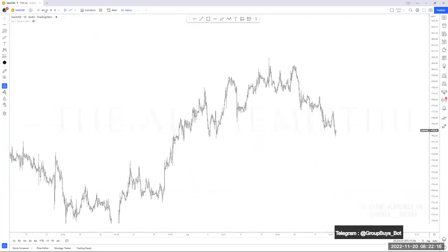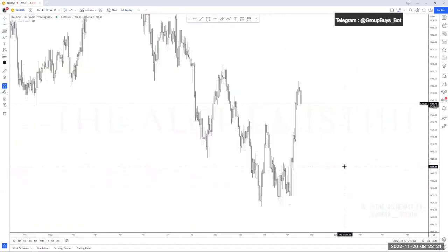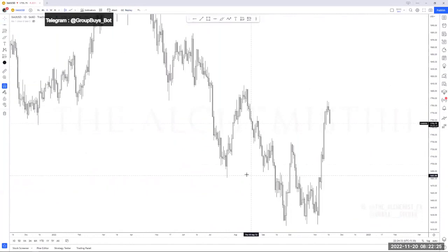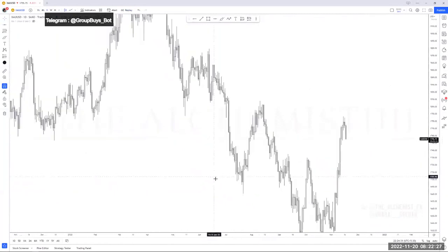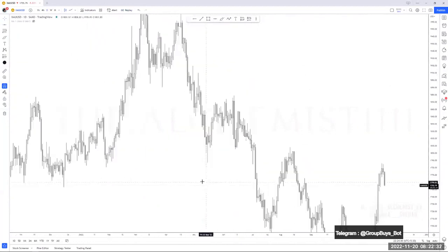Okay, so let's see some more. Let's try to see a daily zone. Another daily to daily. Where did we have a daily to daily? Let's see one more.